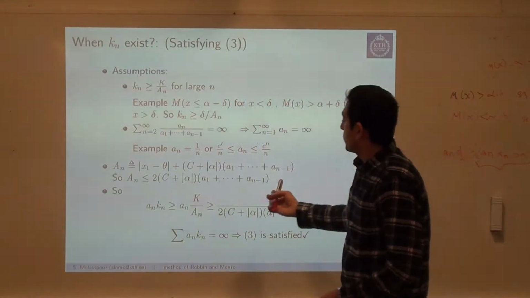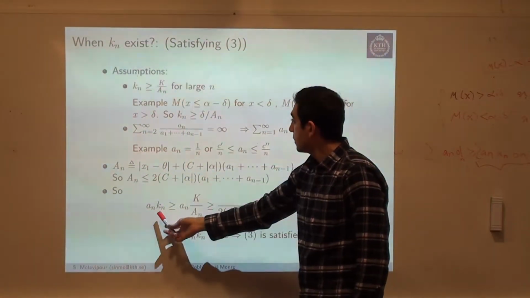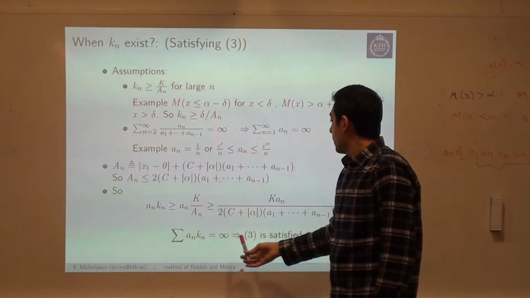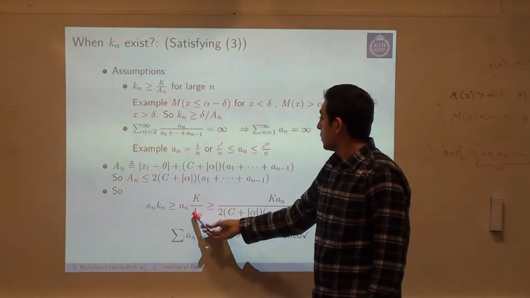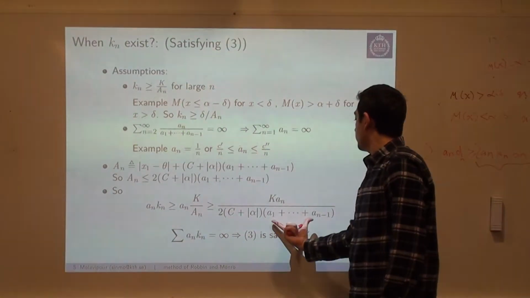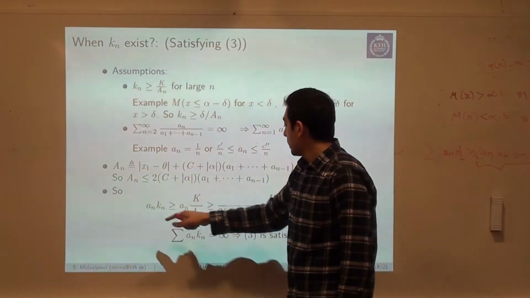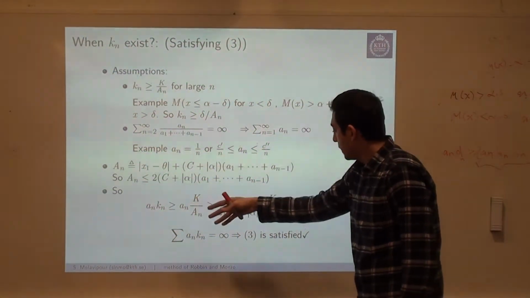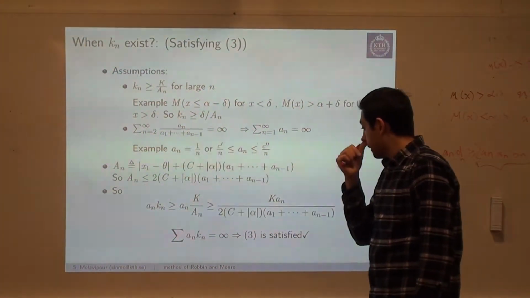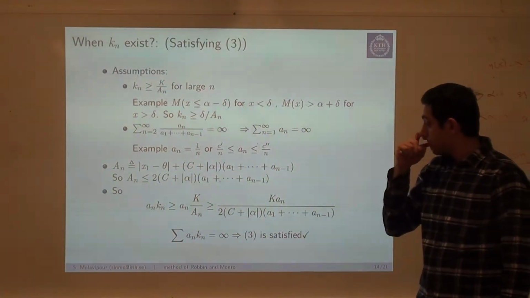Now, to characterize the a and kn, we said that we put this condition for kn, that a and kn is larger than an times k over an, and this an is smaller than this value, so we put it here. By summing over this a and k, taking the constants out, since we had that this summation was infinite, we can see that this summation of a and kn is also divergent.